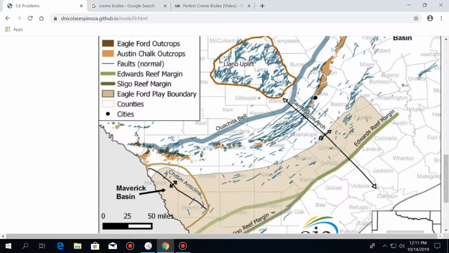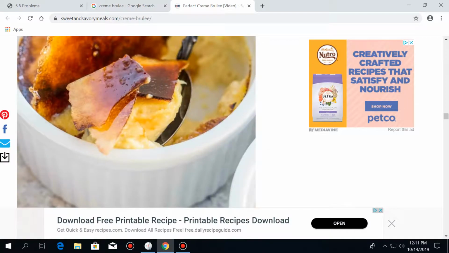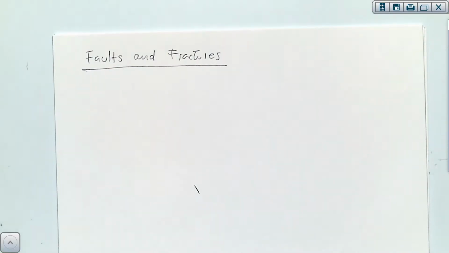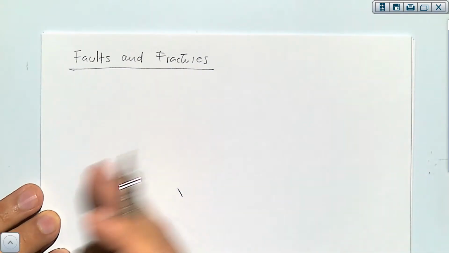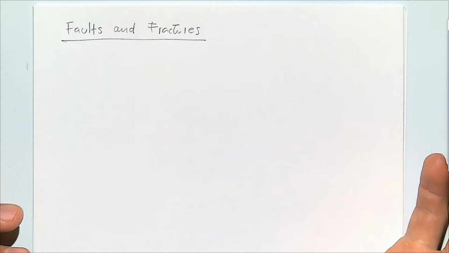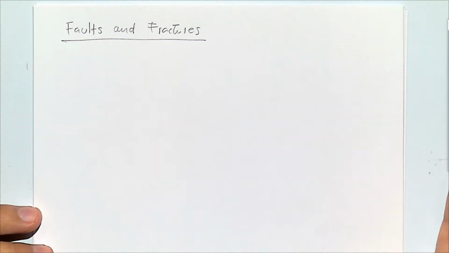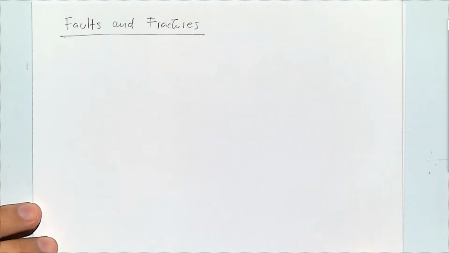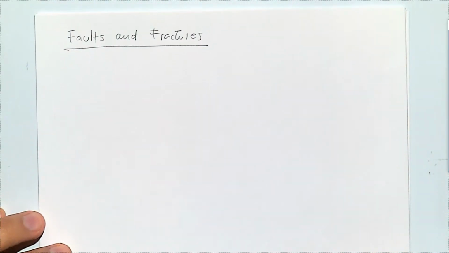Okay, so then the idea is that as we get closer to the surface, rocks become more brittle, and as they become more brittle, they fail. And sometimes they fail as a fault.